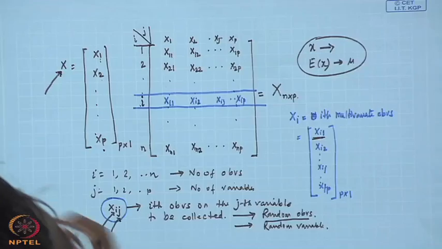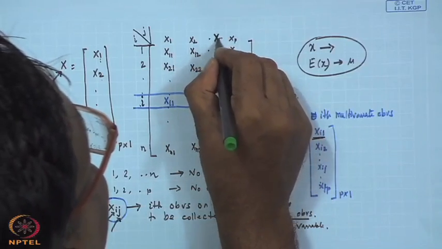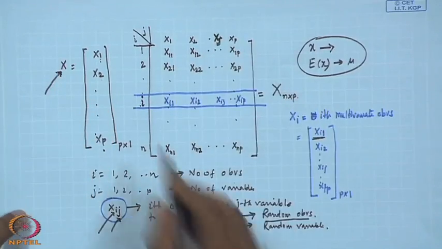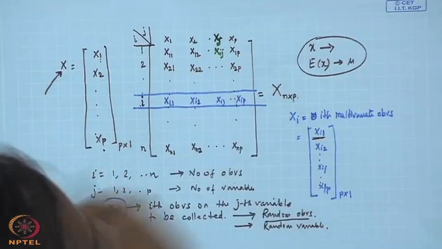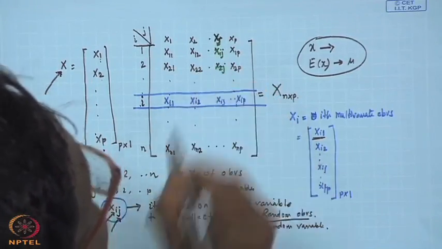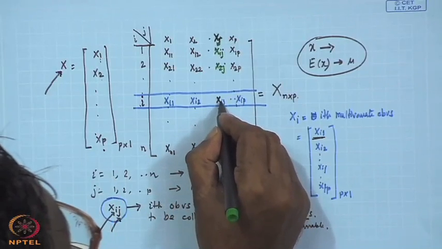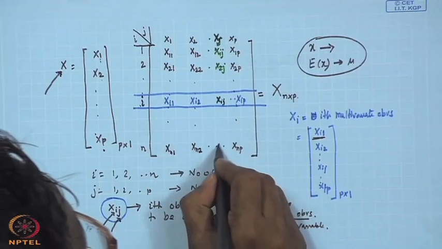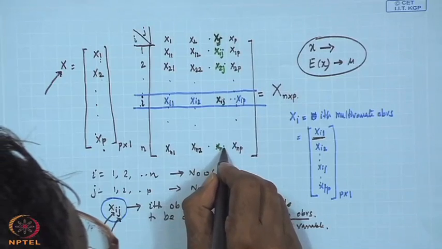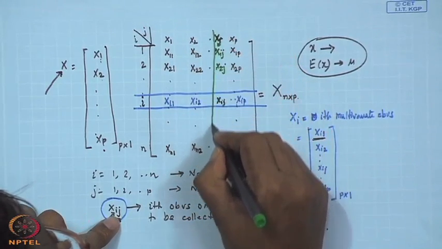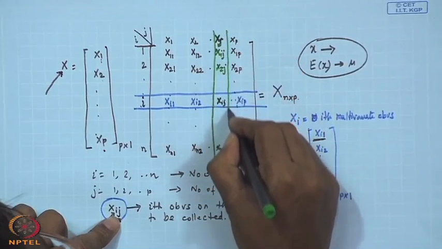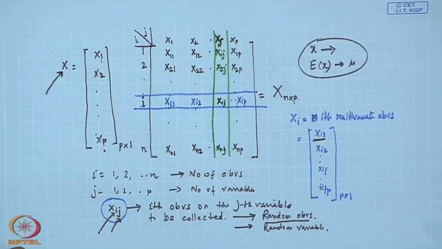Now, if I go by our general variable, which is x_j, then the observations will be observation 1 on variable j, observation 2 on variable j, observation i on variable j, and similarly observation n on variable j. So you will be getting the observations on a particular variable.